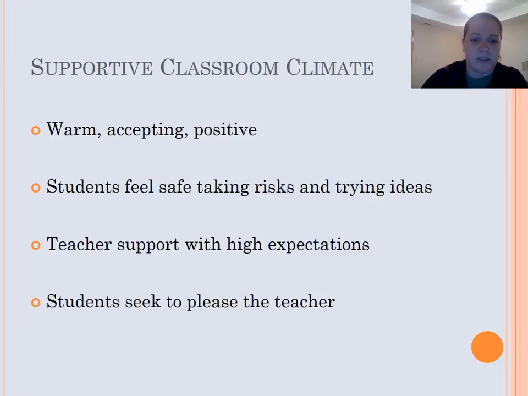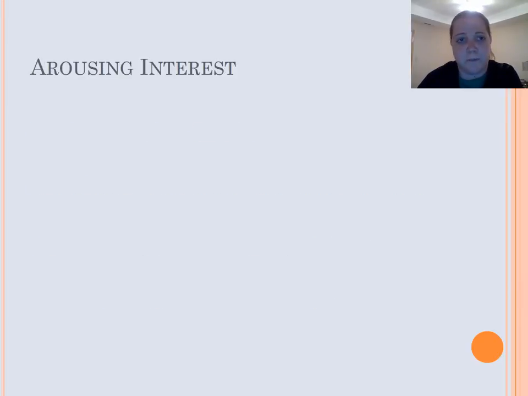And the way that this works out is that the teacher is supportive and creates this climate and has high expectations, and due to good standing with the students and likability, essentially, students seek to please the teacher. So you get that intrinsic motivation from the feeling of safety as well as the desire to please the teacher.